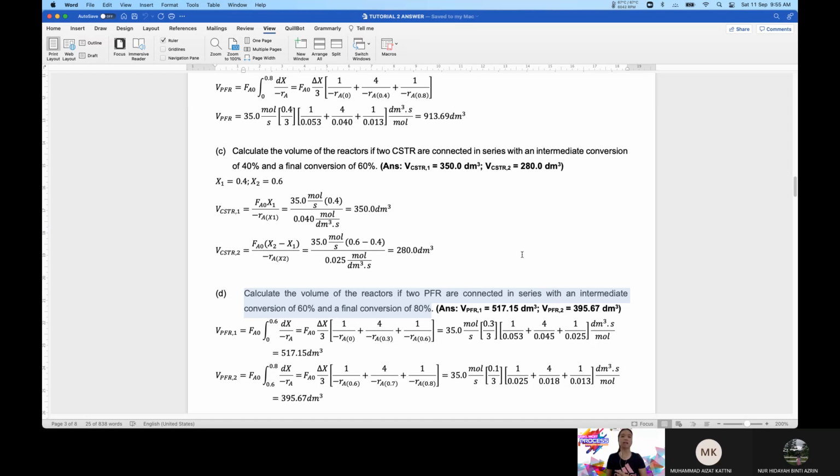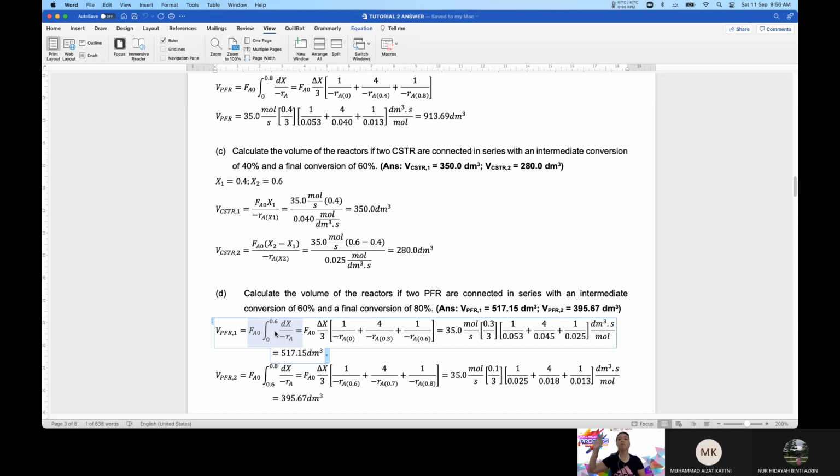So X1 0.6, X2 0.8. So how do we do the calculation? Okay. So the first volume reactor PFR, as I said juga tadi, dia punya jalan penyelesaian hampir sama macam single PFR sebab dia bermula daripada kosong. So that's why kamu tengok dia akan menjadi first PFR volume dia FA0 integrating from 0 to 0.6 sebab first reactor tu convert daripada kosong kepada 0.6 dx per minus RA.